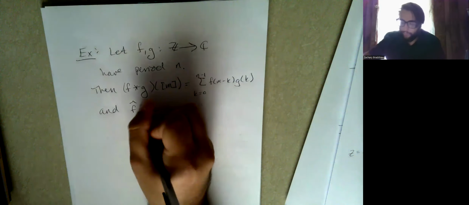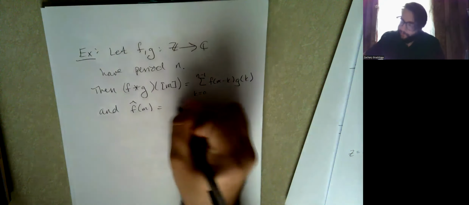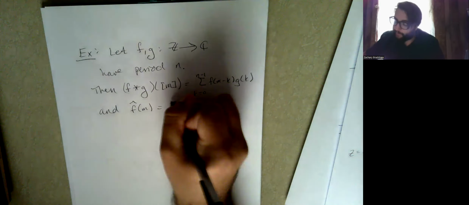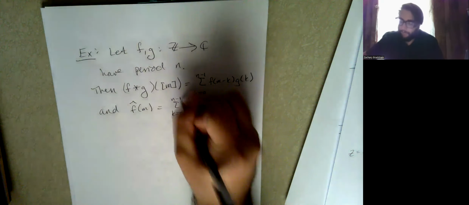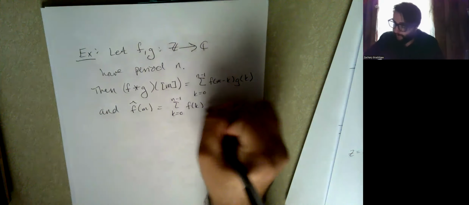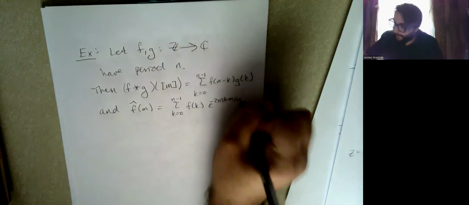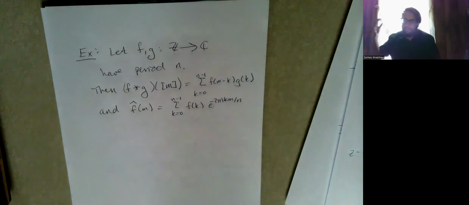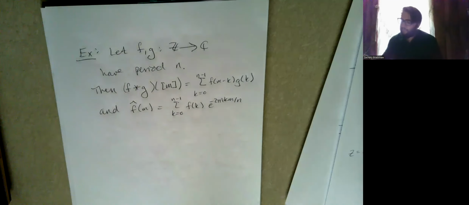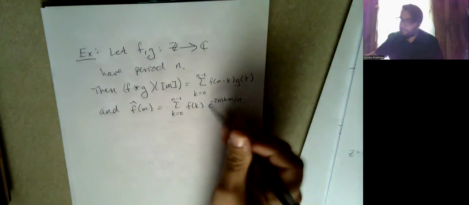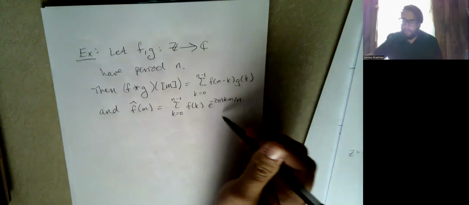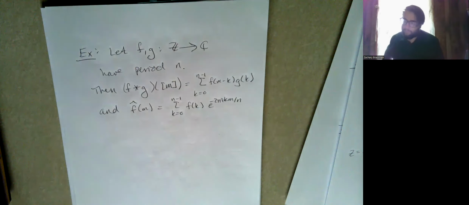And the Fourier transform, well, this is just the sum from k equals 0 to n minus 1 of f of k e to the minus 2 pi i k m over n. So again, the Fourier transform formula that we're probably used to. This exponential comes from the character of the cyclic group.